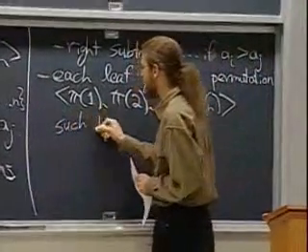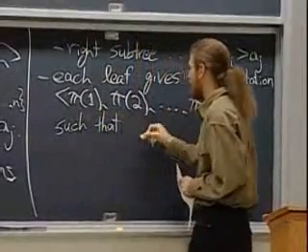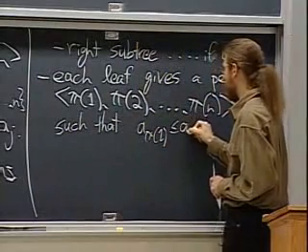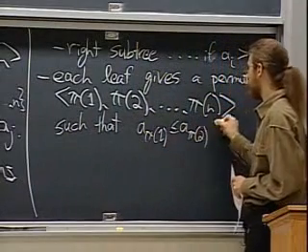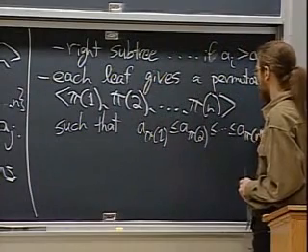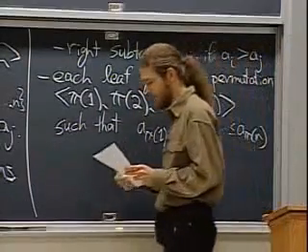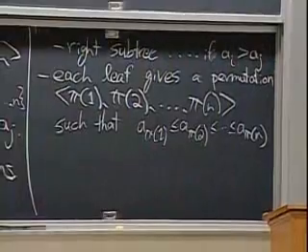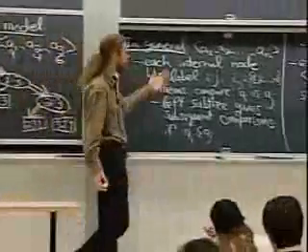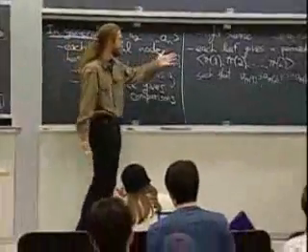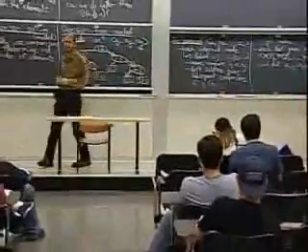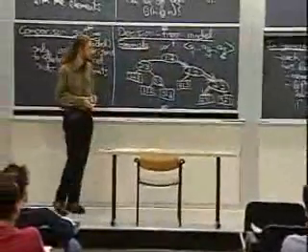Some permutation on n things such that A_pi(1) is less than or equal to A_pi(2), and so on. Okay, so that's the definition of a decision tree. Any binary tree with these kinds of labels satisfies all these properties. That is, in some sense, a sorting algorithm in the decision tree model.